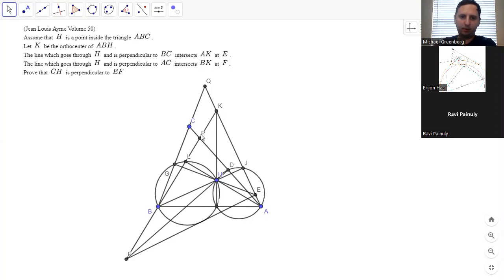So basically, angle PHQ is the angle between BE and AF. This is tricky.